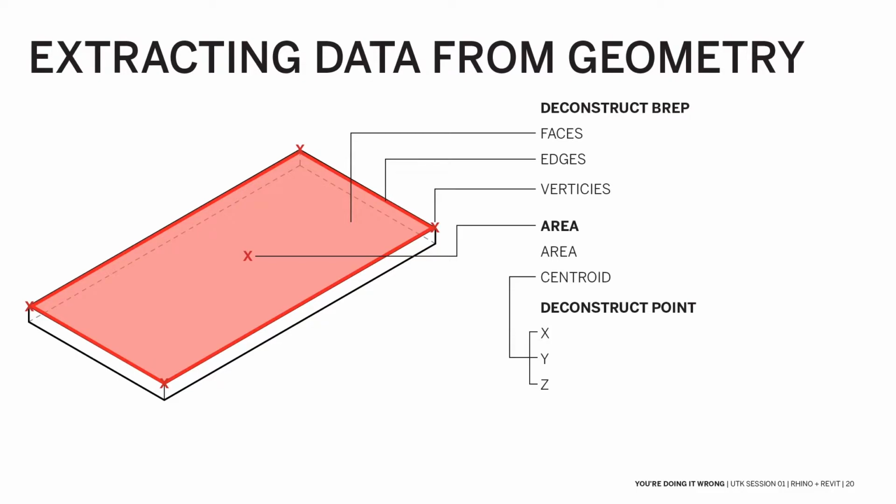You can run commands like area. And in order to get the area of an object, it actually runs a series of commands that gives you the center point. So now you have the center point of the object just by running the area command. And from the center point, you can then extrude a line from it or get the normal of the surface. A normal is just the perpendicular direction off a surface, so it's always perpendicular to it.